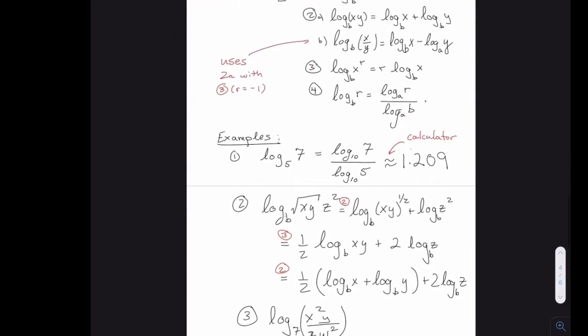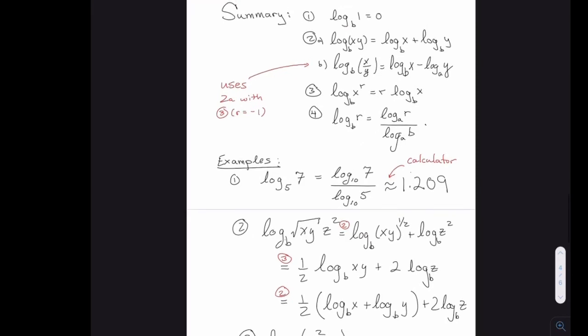I'm going to try to keep these visible while I do this example. So this is log base b of this expression. Okay, and I'm going to expand it in terms of logs of x, logs of y, log of z. So log base b of this is the same as this. That is using property 2. Turns a product, which is right there, into a sum of the logs.